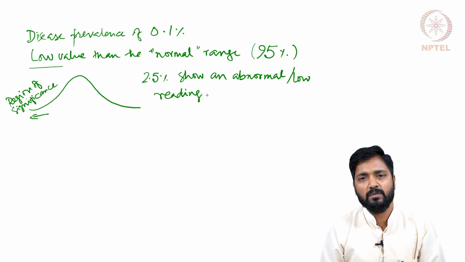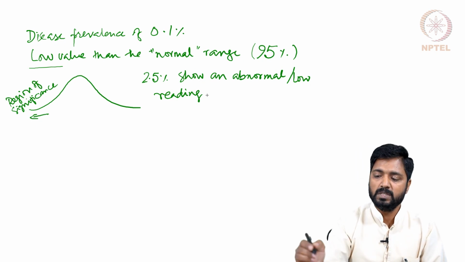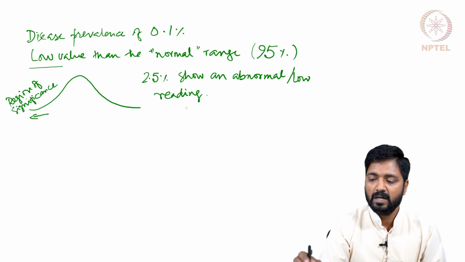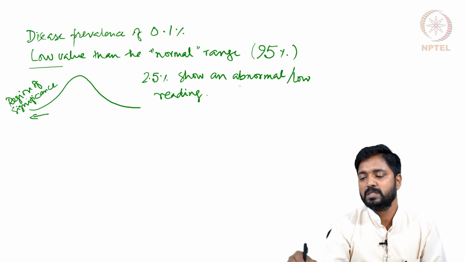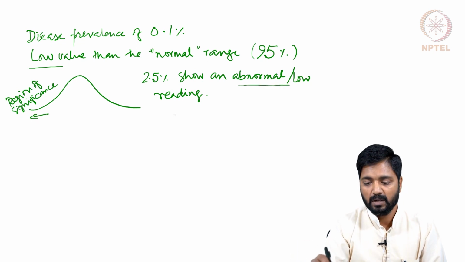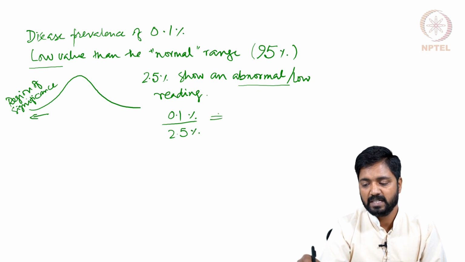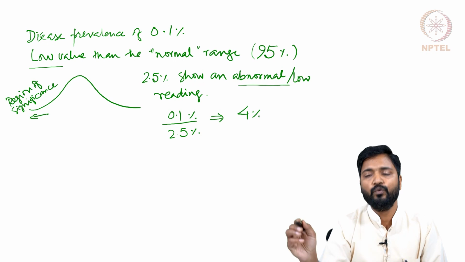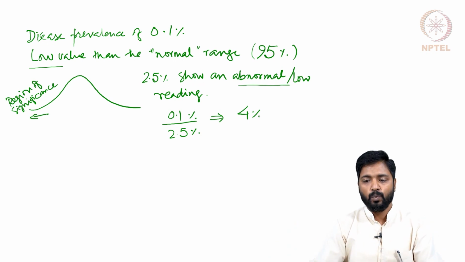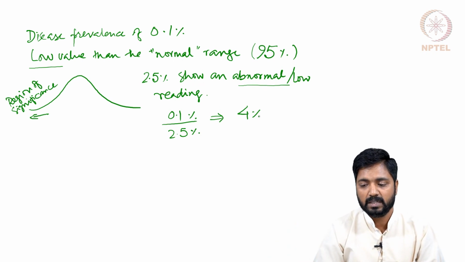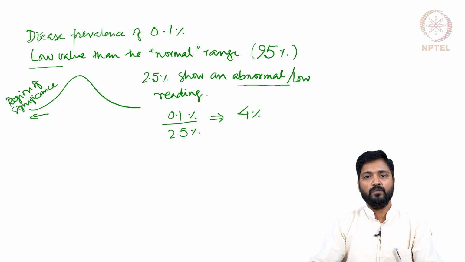So what we figured out in that problem was that out of the people who show this abnormally low reading, which is 2.5% of the population, only 0.1% are actually having the disease. So this implies that only about 4% of the people who have the reading of the analyte low will actually be having the disease.